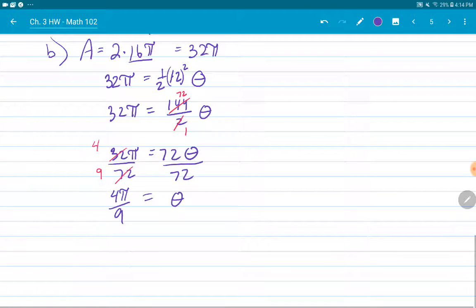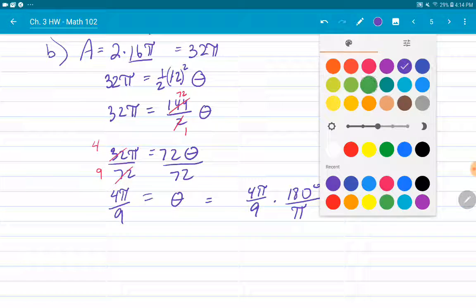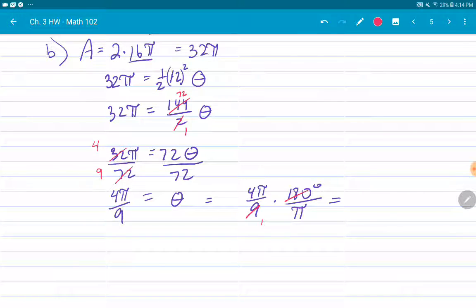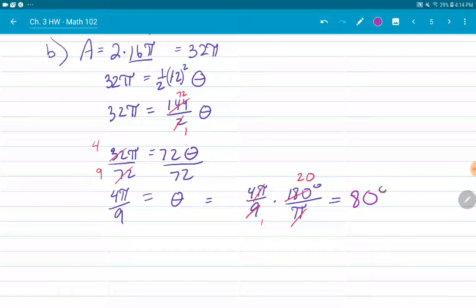So changing that to degrees would be 4 pi over 9 times 180 degrees over pi. My 9 cancels with 180. And my pi's cancel. And I get 80 degrees.